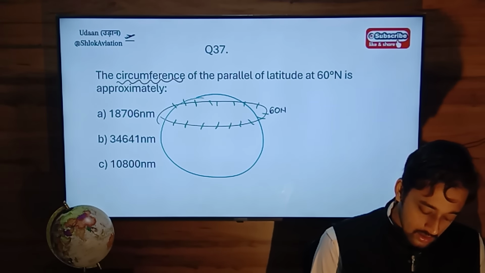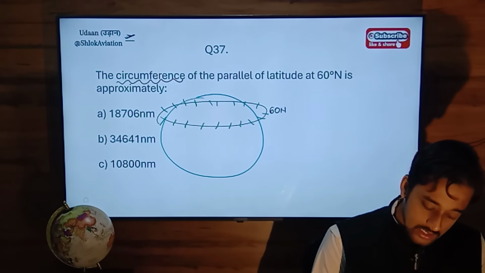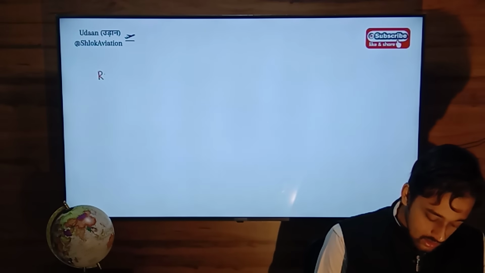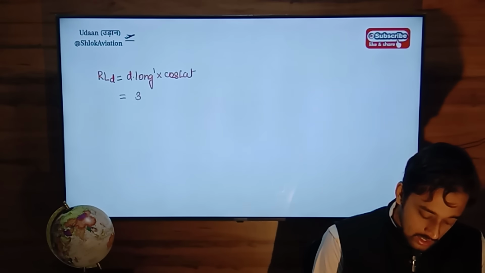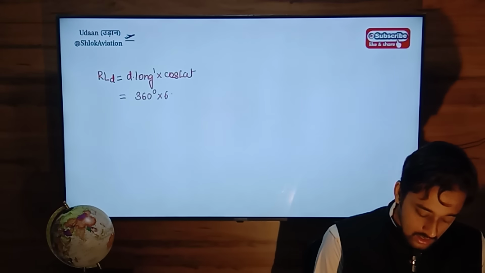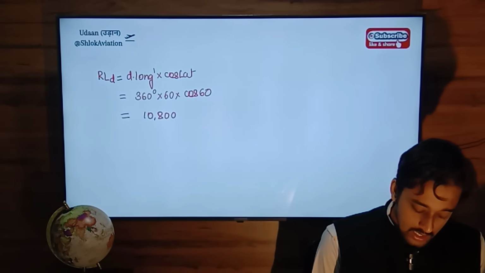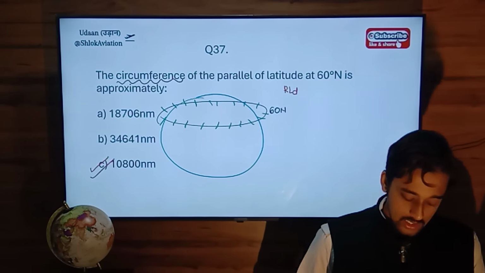Okay, so let's find out. This will be a rhumb line distance. Rhumb line distance equals d long into cos lat, 360 degree into 60 into cos 60. So the final answer will be 10,800 nautical mile. So answer is option C.